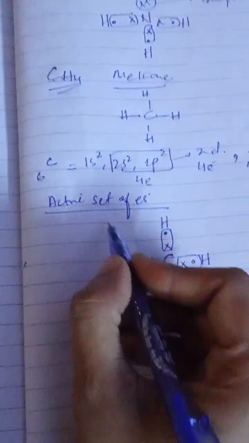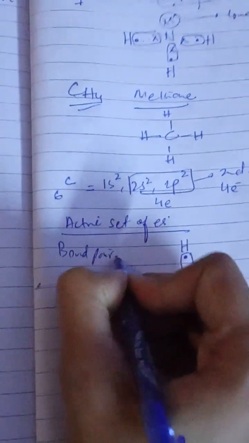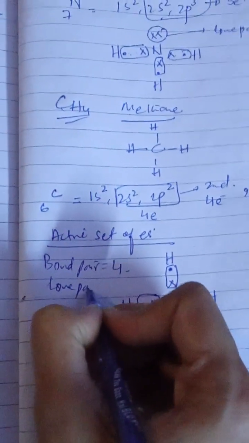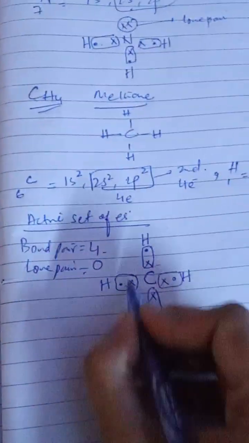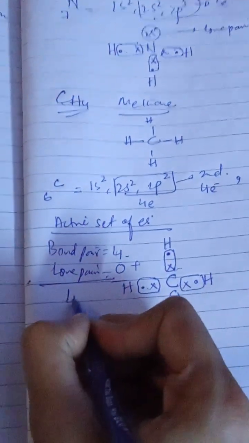Here 4 bond pairs are present in the CH4 molecule. So if you want to consider the active set of electrons, the total quantity of bond pairs is equal to 4, while the number of lone pairs in CH4 is 0, because there is no lone pair. So the total sum of the active set of electrons will be 4.